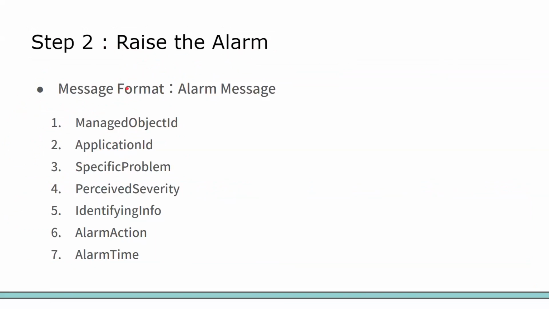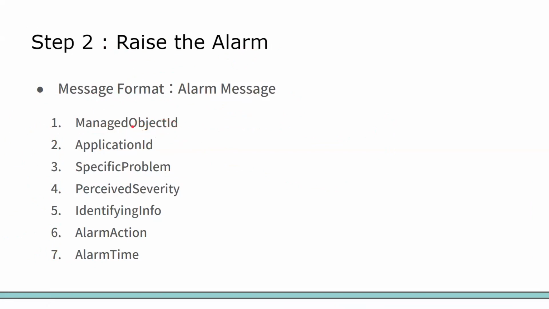Its format is an alarm message that has seven parameters. The manager object ID is the name of the managed object that caused the fault. It may be the SF or a platform component.